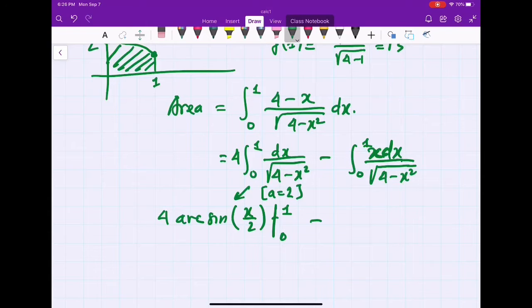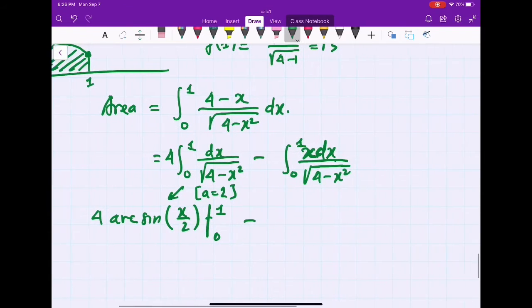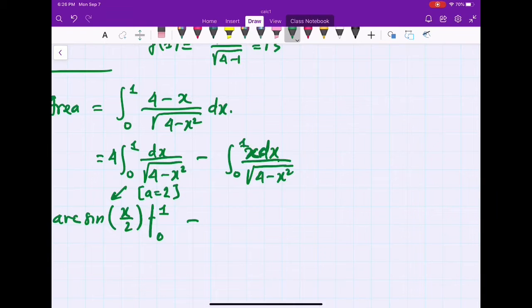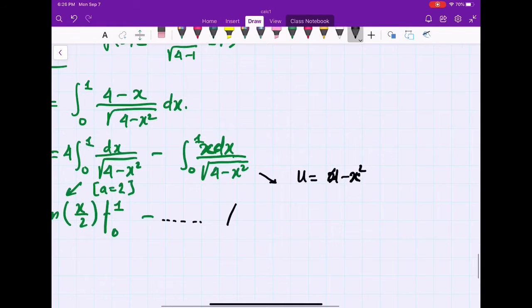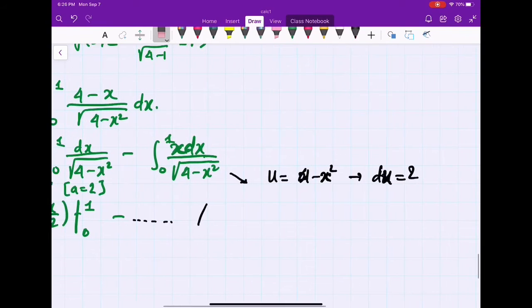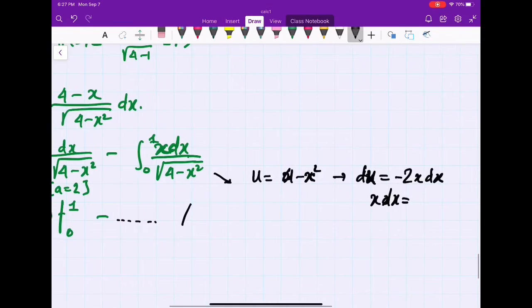And the second one, we need to do substitution. Let me solve that separately here, and then we'll plug the number into this position, okay? So let's solve this integral. We put u equal to 4 minus x squared, because you have the combination x dx and x squared right here. From here you get du is negative 2x dx, or x dx is equal to du over negative 2, right?